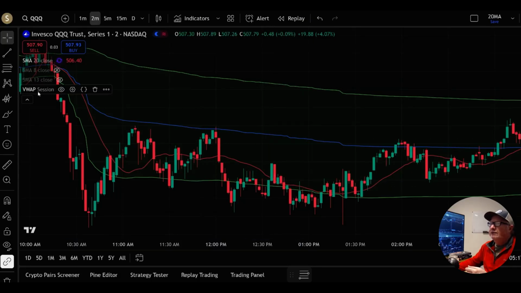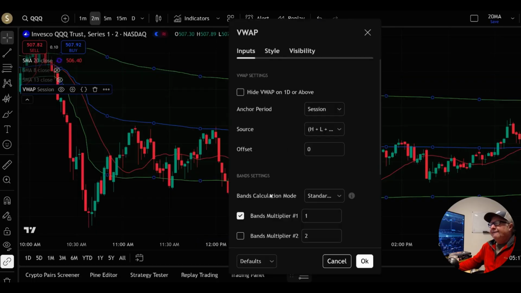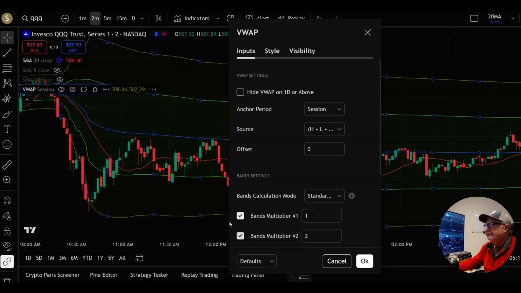And if we go into VWAP session here in settings, these two additional lines are one standard deviation away from VWAP. So you can have one standard deviation. You can also put in two standard deviations and you'll see two lines above and two lines below, right?